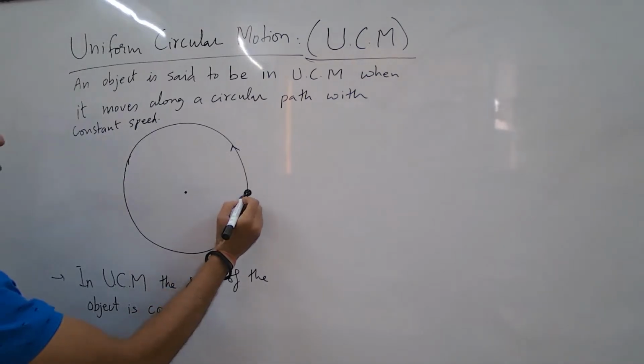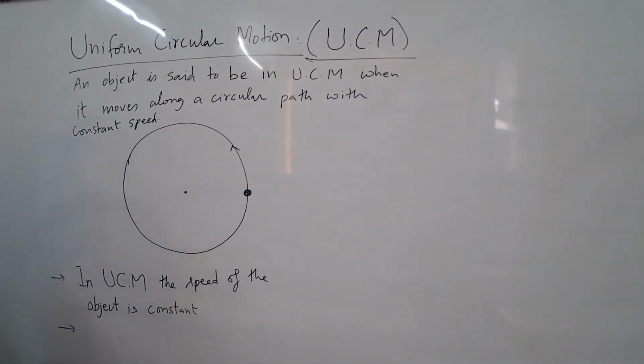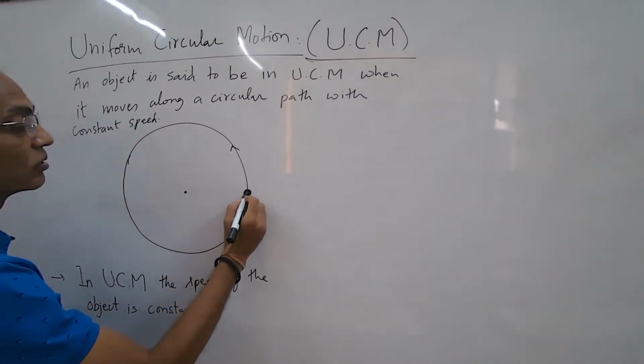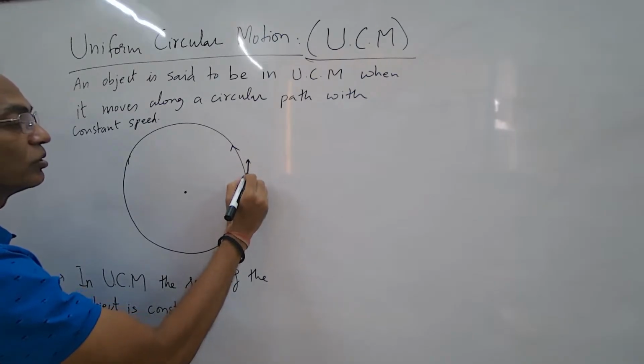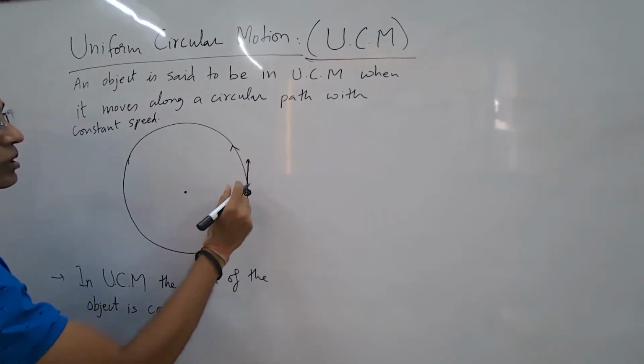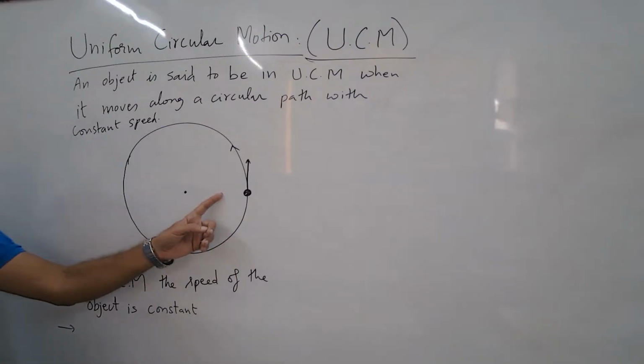When the object is moving in a circular path, what is its direction? Direction is along the tangent. Did I tell you what is tangent? I told you in the context of the curve of the uniform motion, that graph.